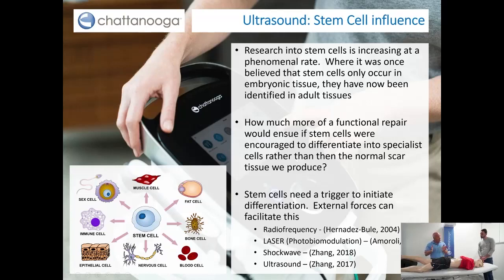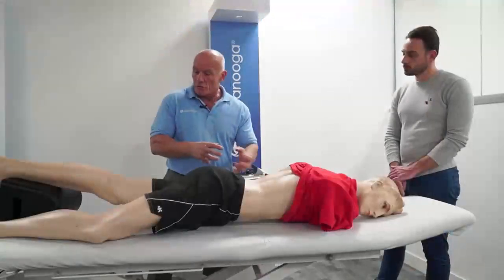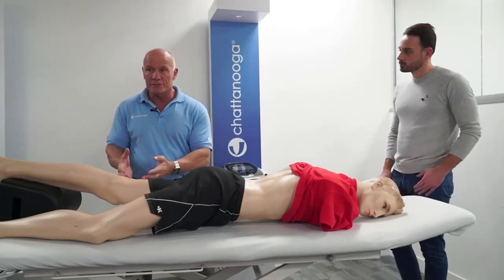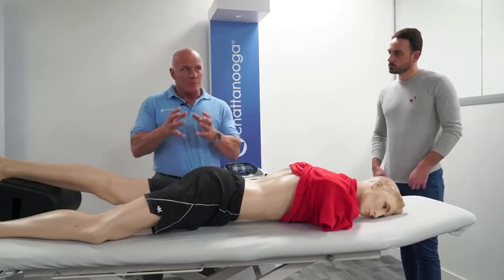How much more functional a repair would ensue if stem cells were encouraged to differentiate into specialized cells rather than the normal scar tissue we produce? Instead of scar tissue, why don't we have new collagen, new bone cells or new muscle cells? But stem cells need a trigger to initiate differentiation.